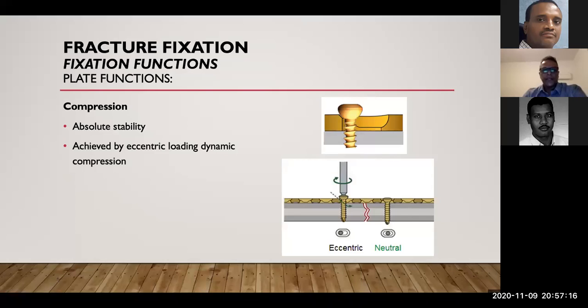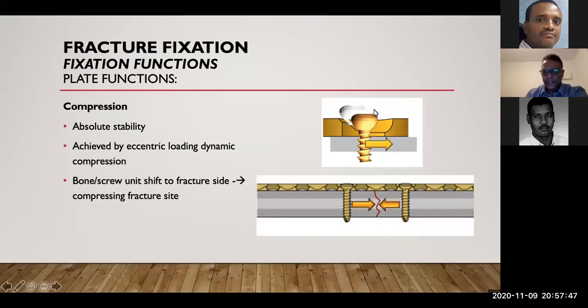So if we use the plate as a compression plate, we are aiming for absolute stability. And this can be achieved by putting an eccentric hole, and this eccentric hole, when we compress, the screw will slide to its neutral position, and with it we'll compress the fracture.